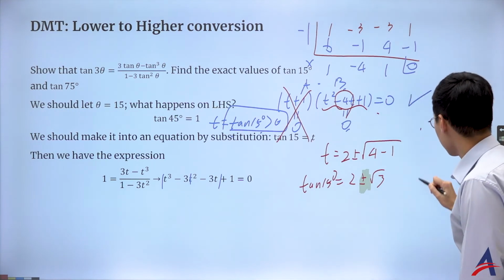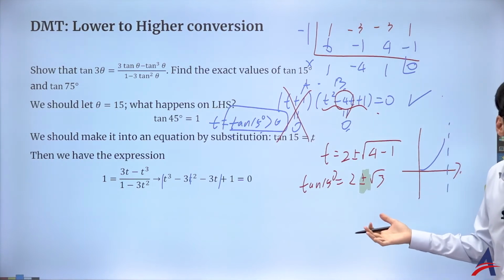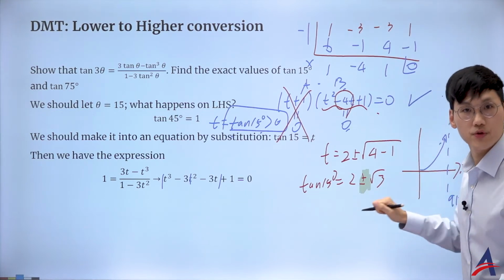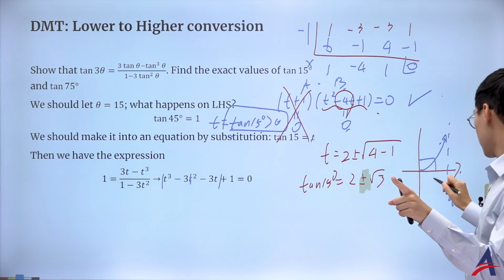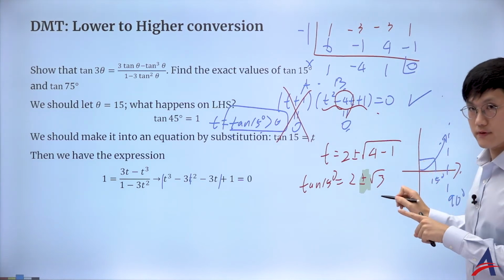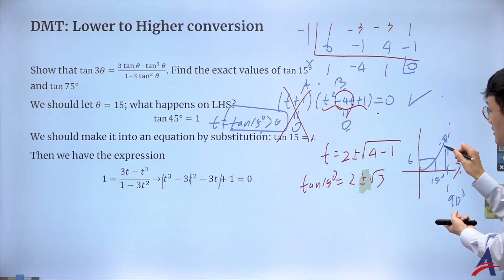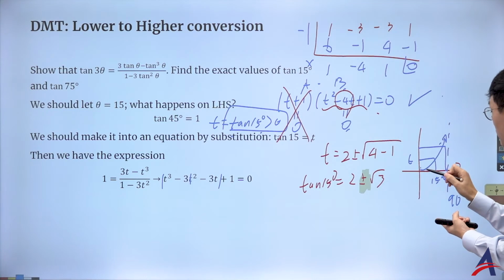For the tangent function, it is strictly increasing from 0 to pi over 2. But this time we're talking in degrees, so let's go with 90 degrees. Tangent is strictly increasing from 0 to 90 degrees. That is great. And your answer was what? Tangent 15. So I got the tangent 15, that's the t value. And I know then it must be less than what? For example, if I compare with the 45 degree, tangent 45 is 1.